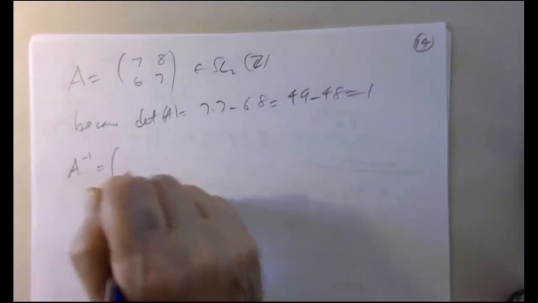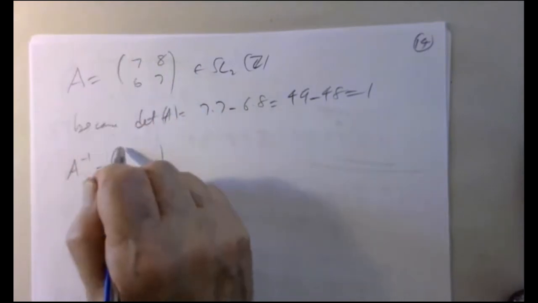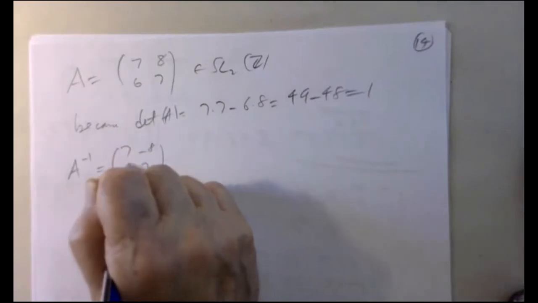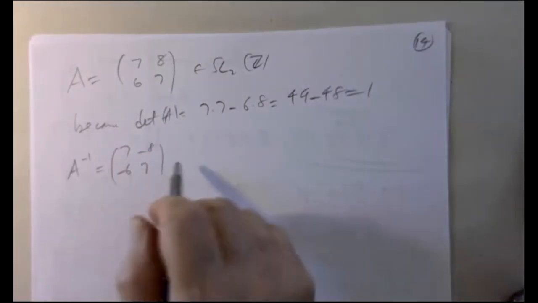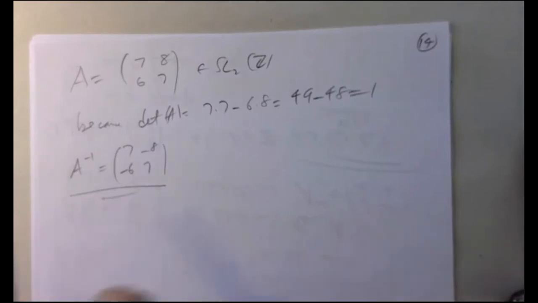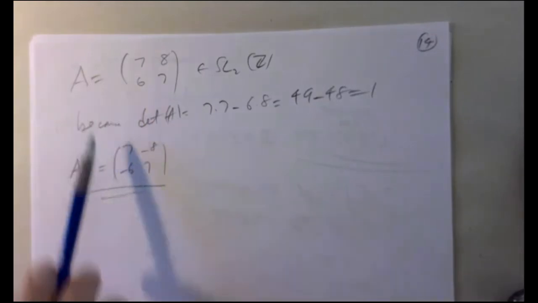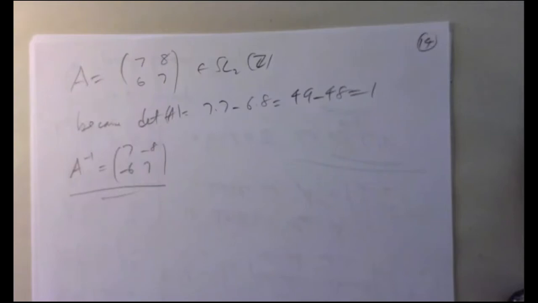And A inverse is you interchange these two elements, which don't move, and you change the signs of the off-diagonal ones. Is this? And again, you can check that this is a 2 by 2 matrix with determinant 1, and if you multiply the two together, you get the identity.